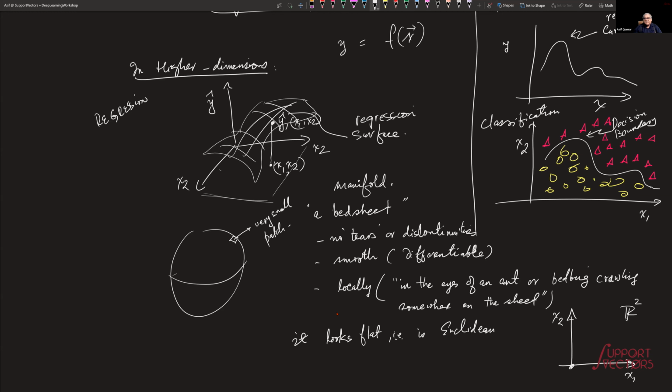I don't know if it is true in the US or not, but in India, there is a concept of 0 mile. Have you heard of that concept? Every city has a 0 mile. It is the reference point or the origin. I believe it's a very British phrase, perhaps. The coordinates of anything in the city are with respect to the 0 mile, that particular origin, and you presume a Euclidean space.